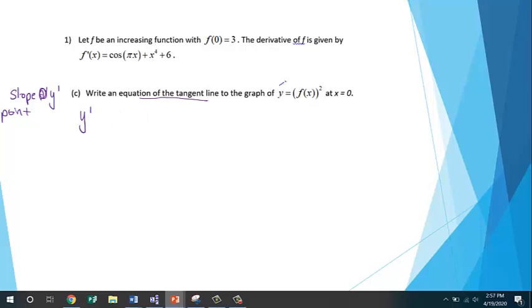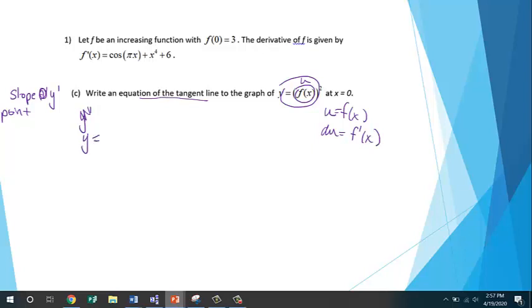You will notice that we're not just going to use f prime, because y is equal to f of x squared. Because I have something in parentheses to a second power, I am going to be using the chain rule. So I'm going to let u equal f of x, which also tells me that du, the derivative of f of x, will be f prime of x.